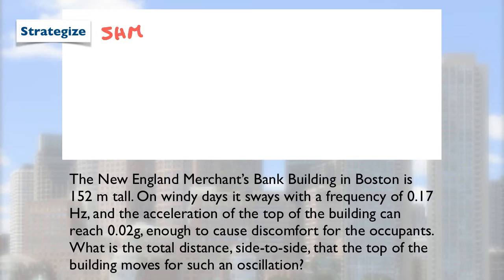And so our strategize step is we're going to treat this as simple harmonic motion. Now let's do some preparation. This problem is asking us to figure out the total distance side to side that the top of the building moves for such an oscillation. Let's draw a graph of the motion of the building.